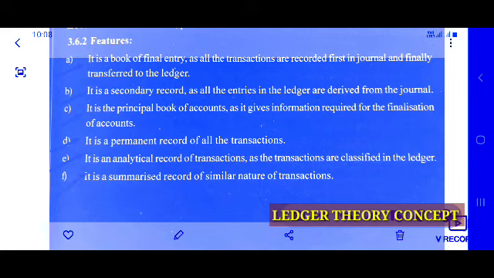Next, it is a summarized record of similar nature of transactions. So here, the entries will be recorded by similar transactions.